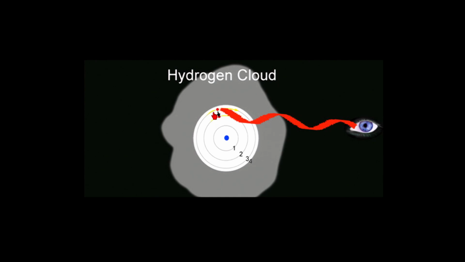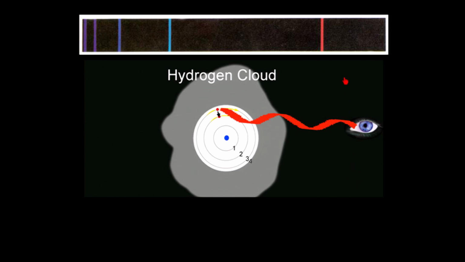So when the electron jumps downward, it gives off this particular photon, and so we will only see that shade of red. So this shade of red that we see against a dark background is because some of the atoms are making the jump from 3 to 2, some of the other atoms in the cloud are making the jump from 4 to 2, and then 5 to 2, 6 to 2, and 7 to 2.